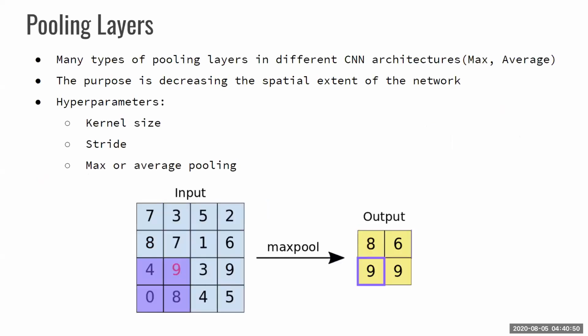And we have the optional pooling layer, which can come after the activation function. For the pooling layer, we have many different types, like max pooling, average pooling, and global pooling.